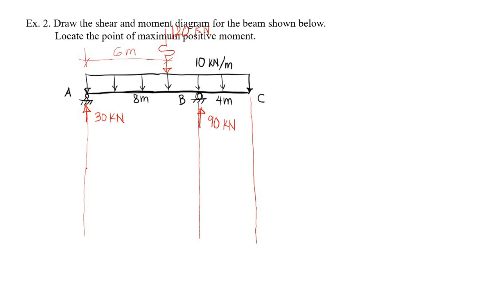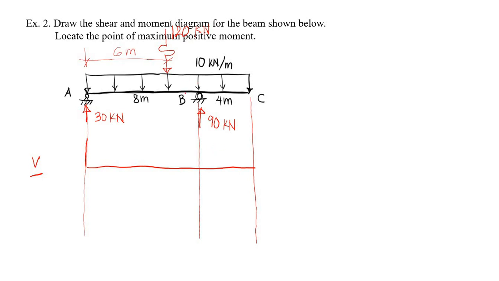With reaction solved, we can now create our shear diagram. Okay, so this is our shear diagram. At point A, starting from 0 upwards, we have positive 30.